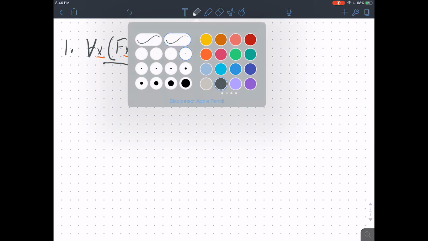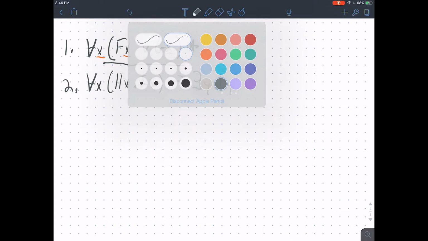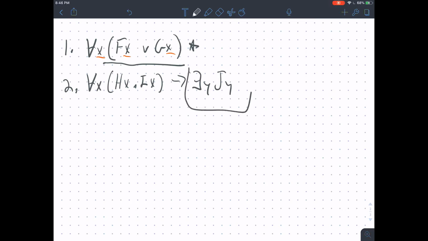Just another example, and again, these are in the book. Let's look at this one. By the way, in case you didn't remember, this is just a shorthand way of writing this. We can leave the parentheses in if we want. I'm usually going to not do that, just to save myself some writing.